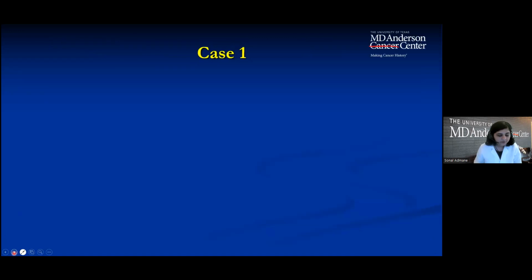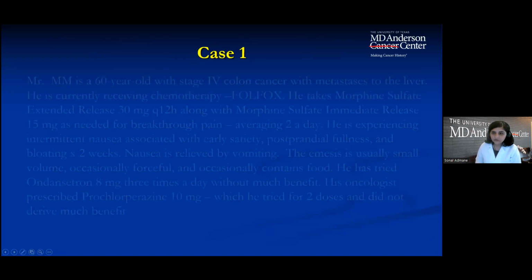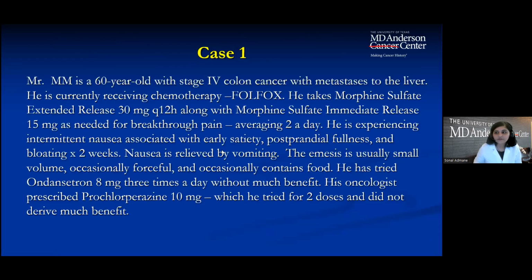So let's jump into a case. We have a 60-year-old with stage 4 colon cancer with mets to the liver, currently receiving chemotherapy. He has cancer-related pain for which he takes morphine, short and long acting.